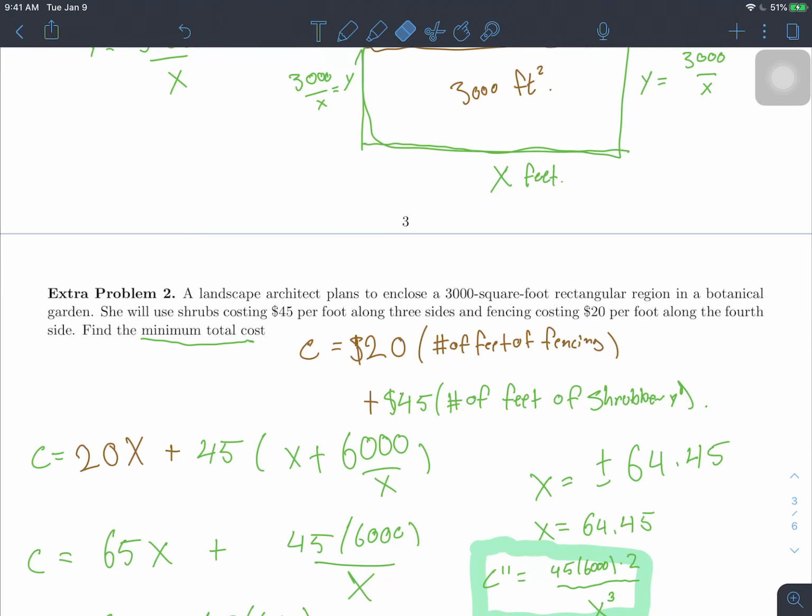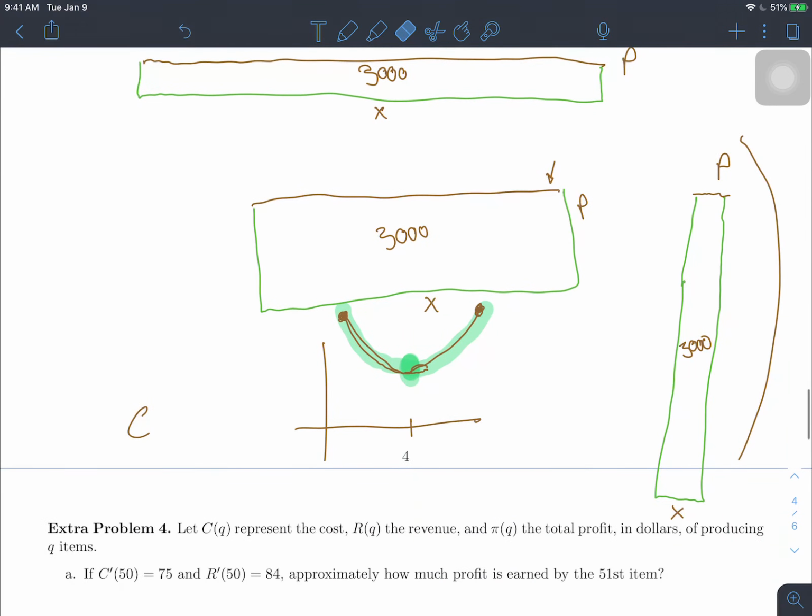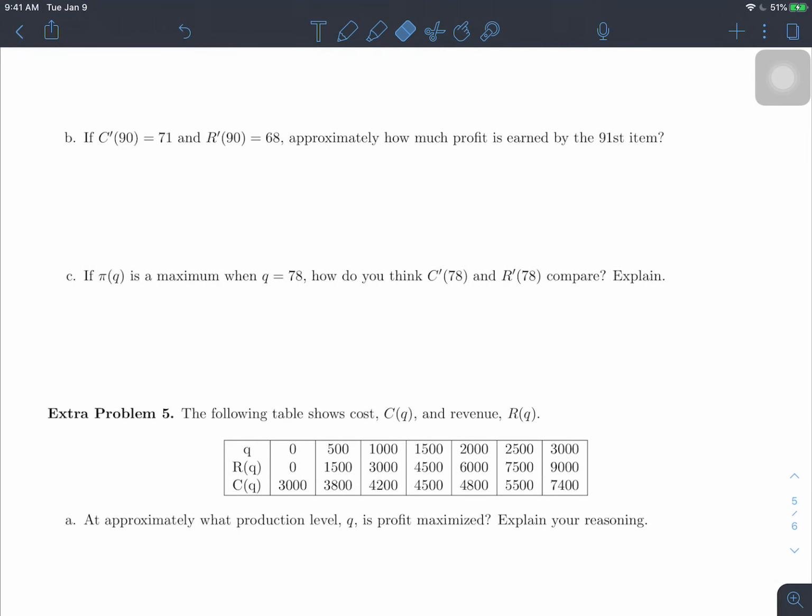Okay? And the point is that if I have a rectangle, and I know that the inside area is 3,000, if I decide how long one side is, I know how long all the other sides are because, since it's a rectangle, this top one is going to be the same length as the bottom one.